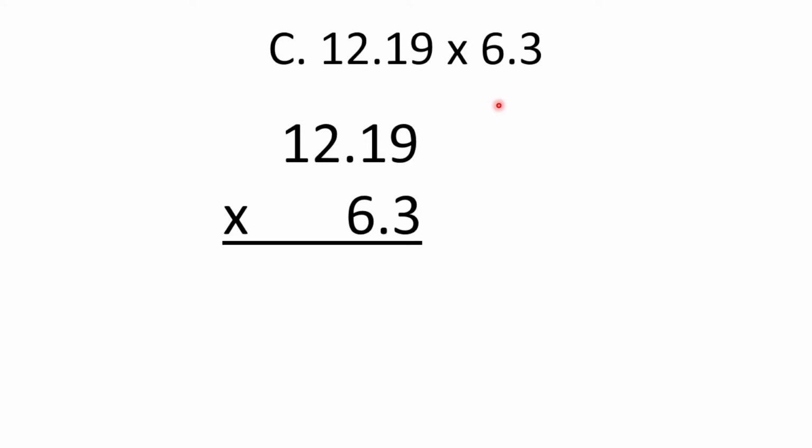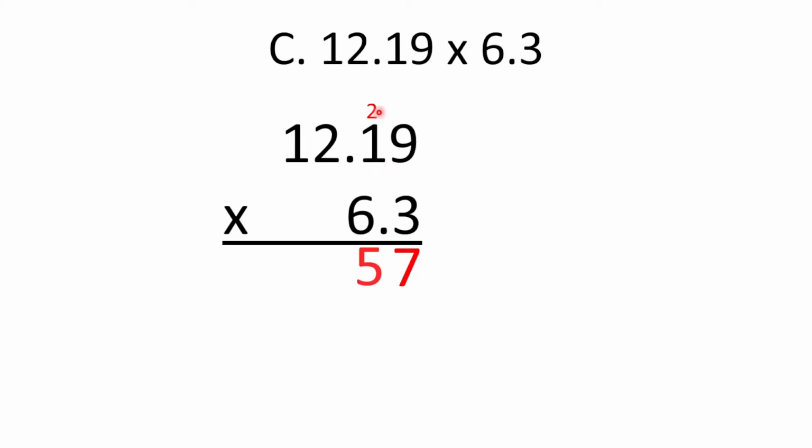To start, write it in column. Then, our first step is multiply like a whole number. 3 times 9, we have an answer of 27. So, we write 7 here, then carry 2. Then, 3 times 1, we have an answer of 3.